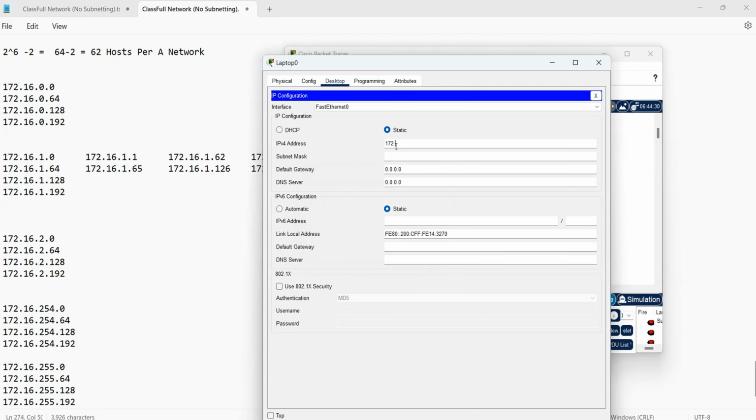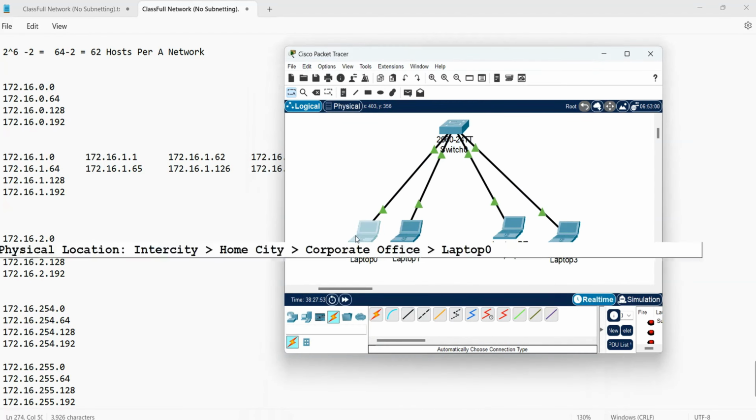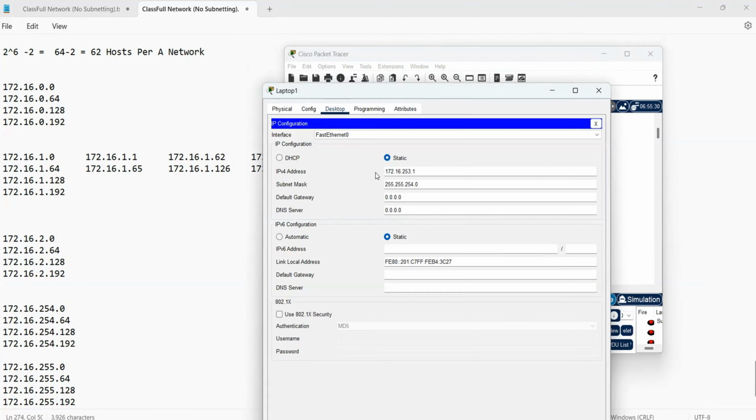Nice. 172.16.1.30, because 30 falls within this network, which is the 1.0 network. And I have to switch this to 255.255.255.192. So this is 1.30/26, that's CIDR. And this will be 1.40. 172.16.1.40, right? And this one will be what?